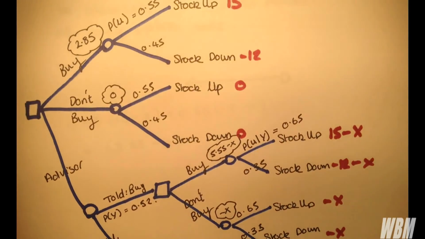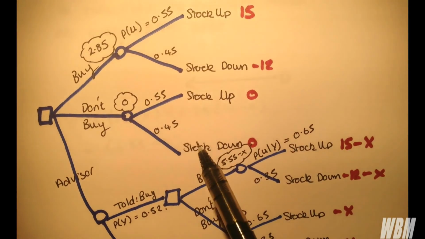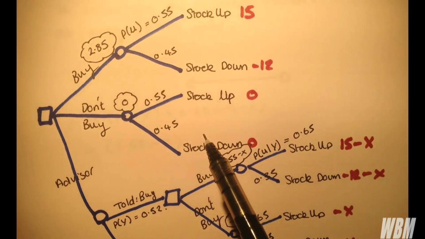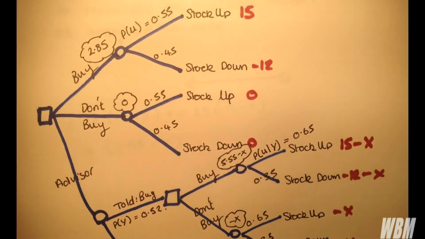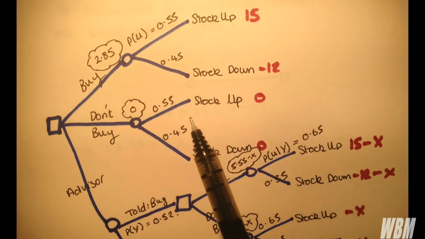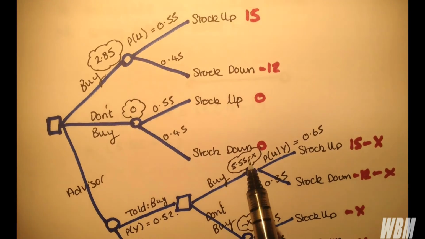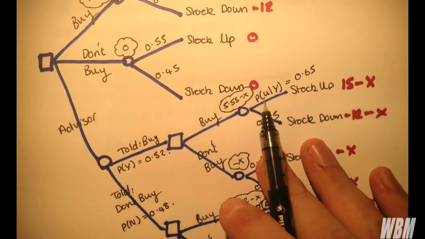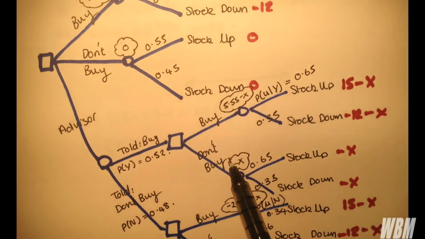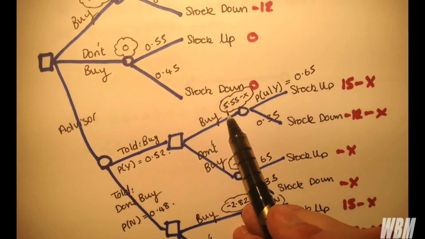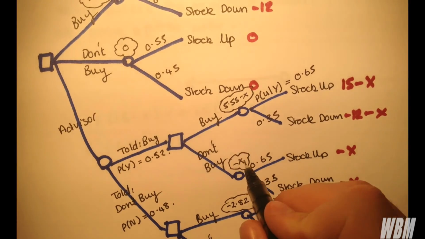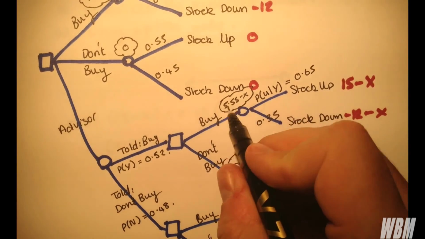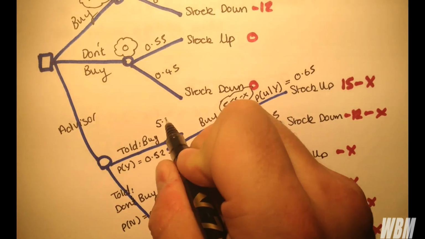So, as I said in part 4, we choose the decision that maximizes the expected return at each decision node. So at the decision node down here, we have to choose the maximum, and the maximum of course is 5.55 minus x, because that's bigger than minus x.